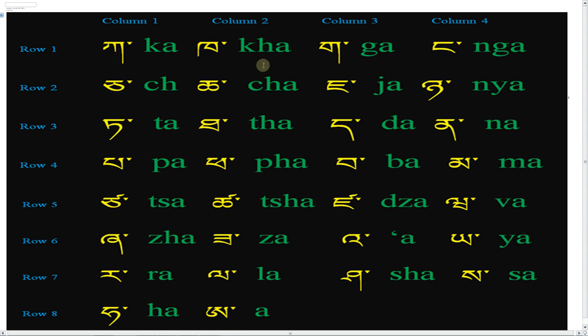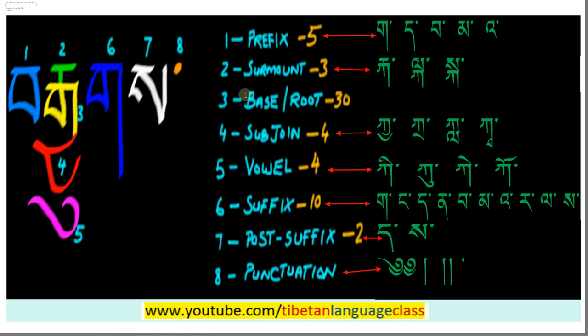So basically we have 4 columns, column 1, 2, 3, 4, and then we have 8 rows, but the 8th row has only 2 letters, so it's 7 times 4 is 28 plus the 2 down there, so that's 30 letters right there. So now if I jump back, those are the 30 base or the root letters.